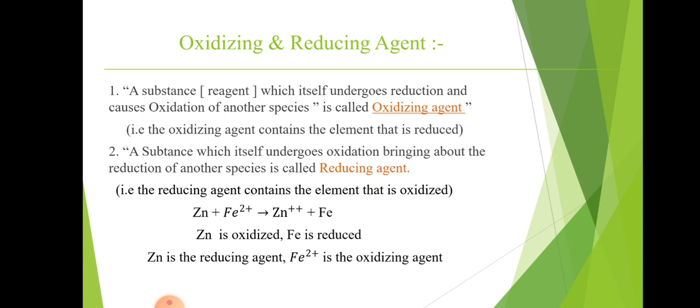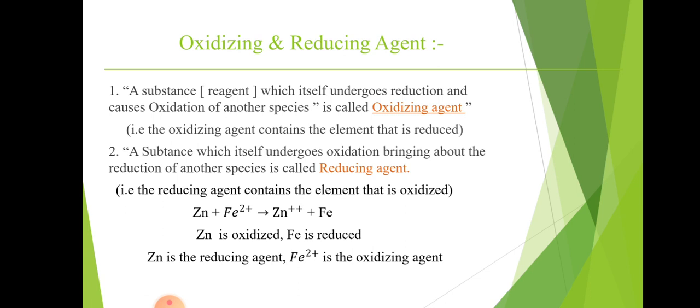According to the definition, the substance which itself undergoes oxidation is the reducing agent, therefore Zn is the reducing agent.